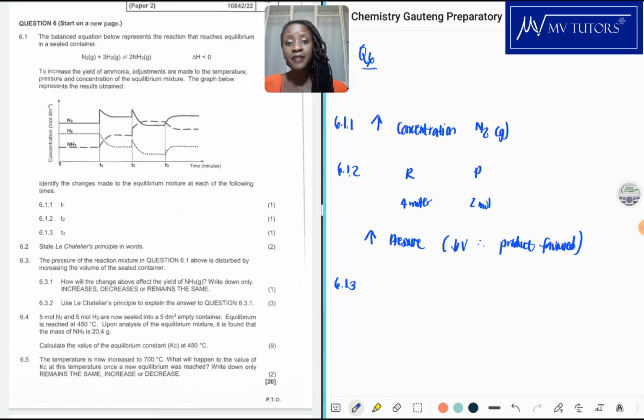Increase in temperature favors the endothermic reaction. So that is what we're going to do to get a higher yield of ammonia. We will be increasing the temperature. Increase temperature of the system. Okay? And as a result, it will favor the endothermic reaction. Reverse favored. Okay, I don't need to write that.